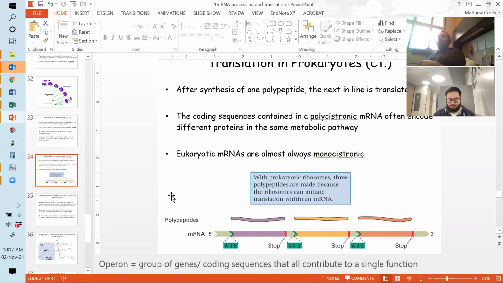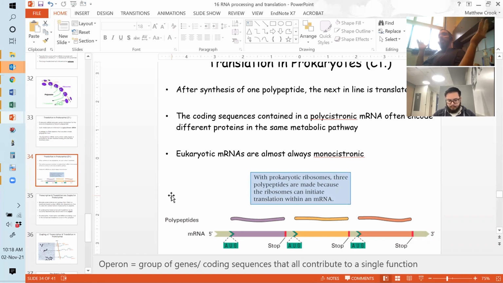So what bacteria tend to do is group all of the genes that are involved in a particular process, like metabolism of a particular nutrient, say lactose, which is one that we're going to talk about, together into one big functional unit, right?